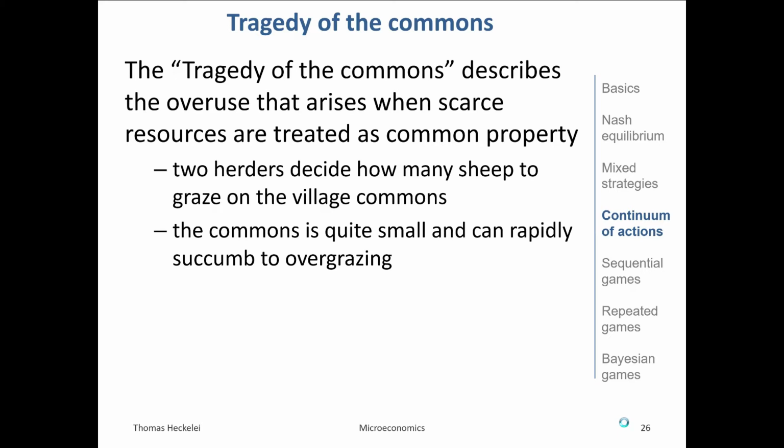And for that, they have to decide how many sheep to graze. So the objective, of course, is to maximize the value from grazing the sheep of each individual, given the limited resource.